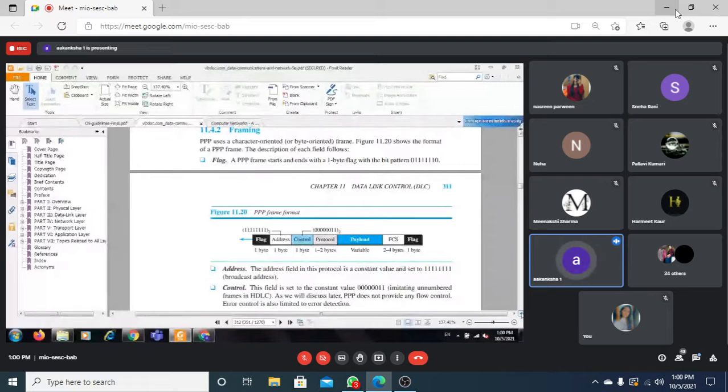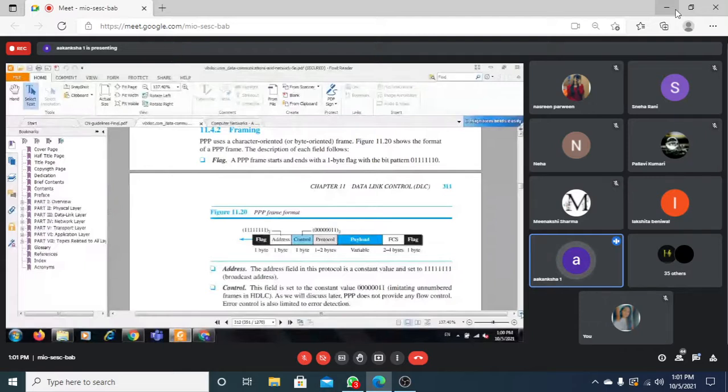So the frame will have flags at the start of the frame and the end of the frame. The PPP frame starts and ends with a 1 byte flag with the bit pattern of 0, then six ones, then 0. Then the address field in this protocol is a constant value, set to all ones, which is the broadcast address.